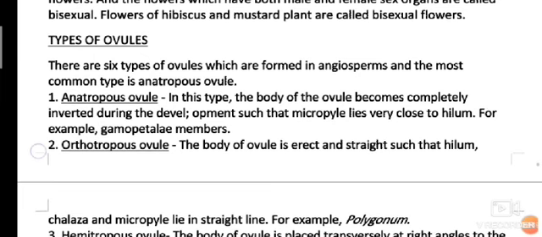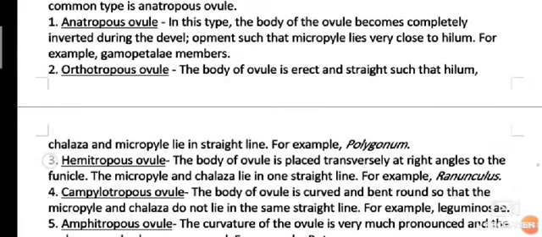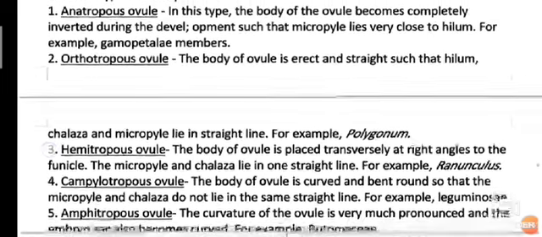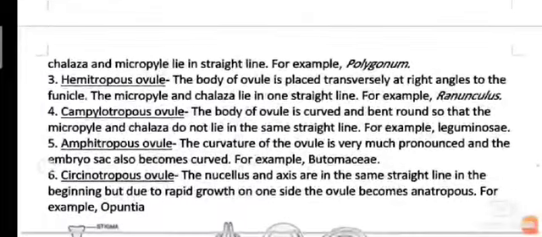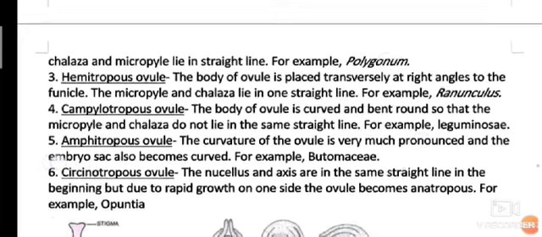For example, gamopetalae members. Orthotropous ovule. The body of the ovule is erect and straight such that the hilum, chalaza, and micropyle lie in a straight line. For example, Polygonum.